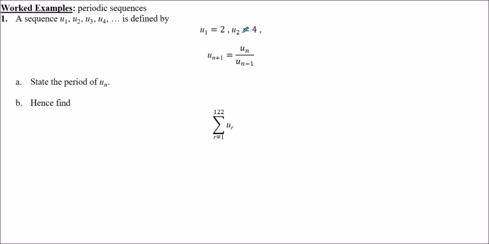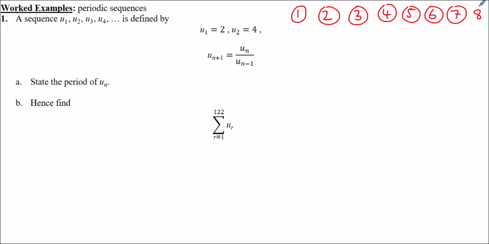So I know u1 and u2, so I can write these down in terms of term numbers. So if I just write down term 1, term 2, term 3, term 4, 5, 6, 7, 8, hopefully I will have found the period by the time I get to the 8th term, but we don't know.